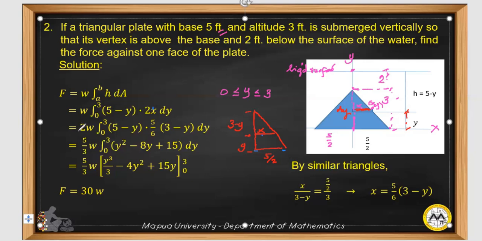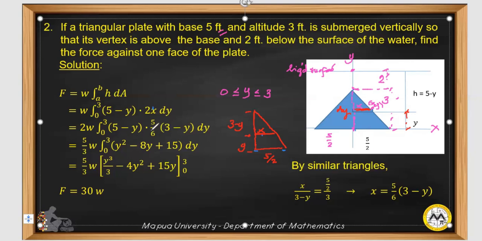So the force due to liquid pressure is 2w times the integral within the limits of integration from y equals 0 to y equals 3 of 5 minus y times 5 over 6 times 3 minus y dy. So 5 over 6 times 3 minus y is the value of x.